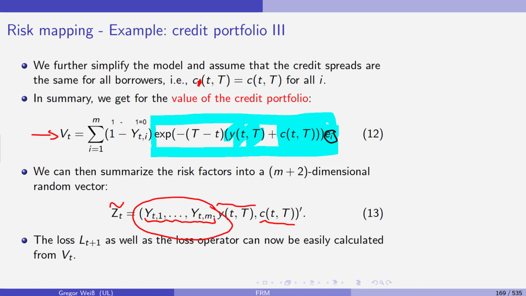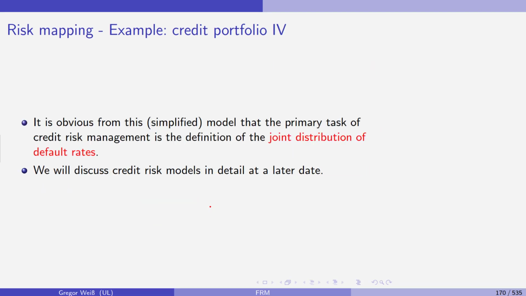And it could be, for example, if Deutsche Bank defaults, Daimler-Benz defaults as well. So there will be dependence between YT1, YT2, YT3, and so on. So there will be interdependence between the risk of default in your portfolio, and they will not be stochastically independent. So that's why we need a joint distribution model.